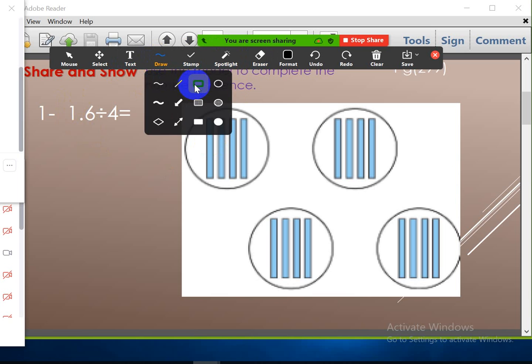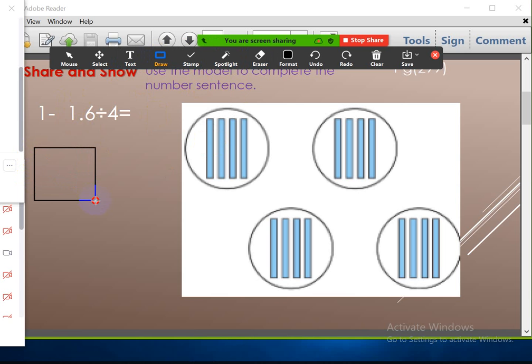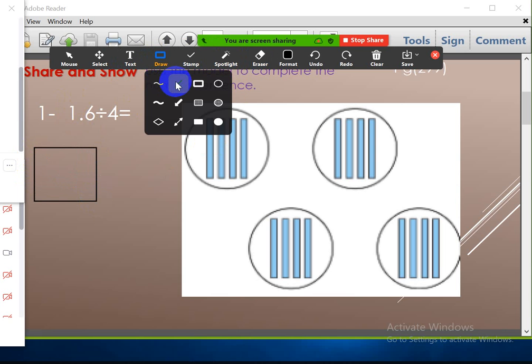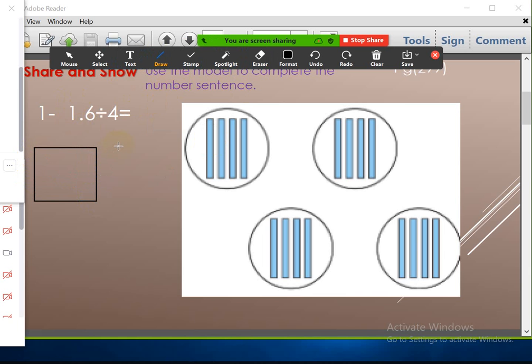I will draw it for you. Look at this, 1 flat and 6 longs: 1, 2, 3, 4, 5, 6.